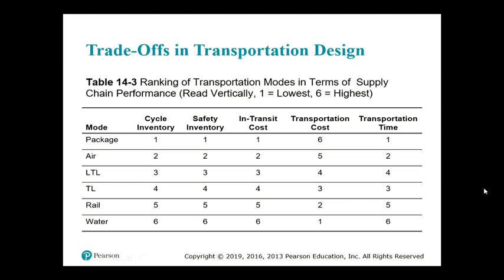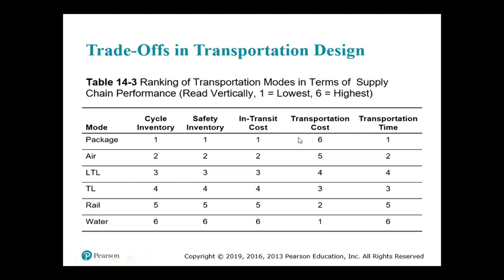So this table just compares for us different transportation modes on the performance related to inventory and transportation. So as we move from package carrier, this mode is the most expensive mode, but it's also the fastest, most reliable mode. So then this would lead to the lowest level of inventory, whether it's cycle inventory or safety inventory.